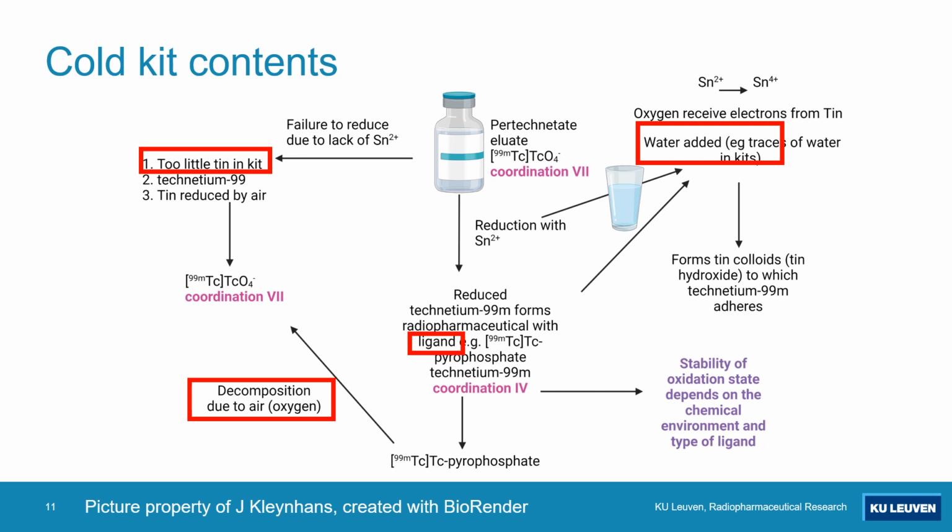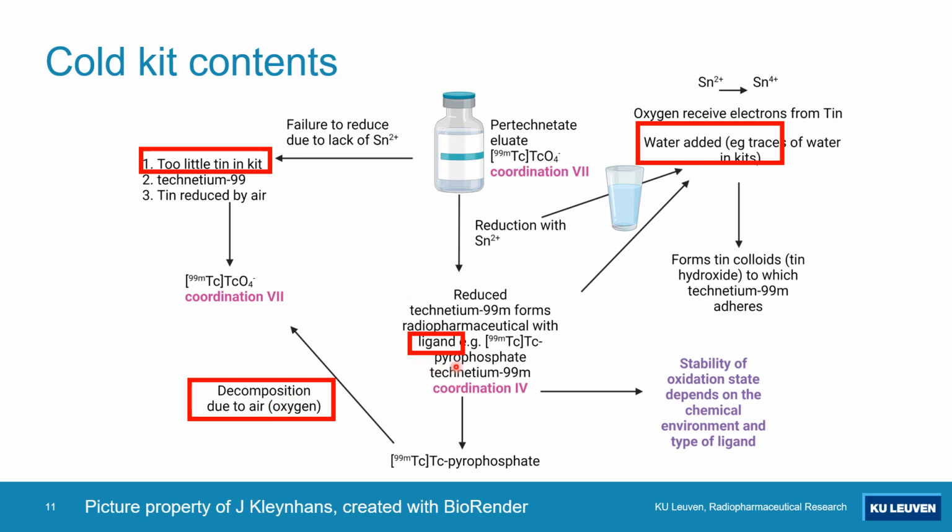These are all the problems that are caused by the splitting of kits. So with no good conscience can I say that splitting of kits is good practice, and I strongly discourage you to do this. It can lead to too little tin in the kit due to degradation or decomposition due to air, or just the fact that you will maybe add more technetium in the end when you make up these kits.